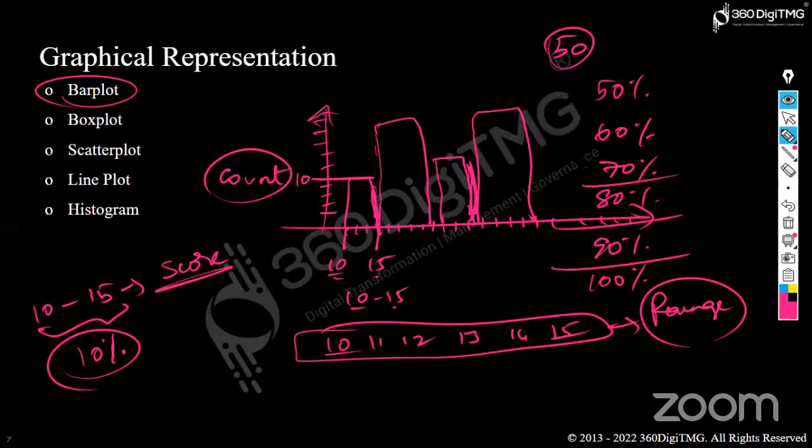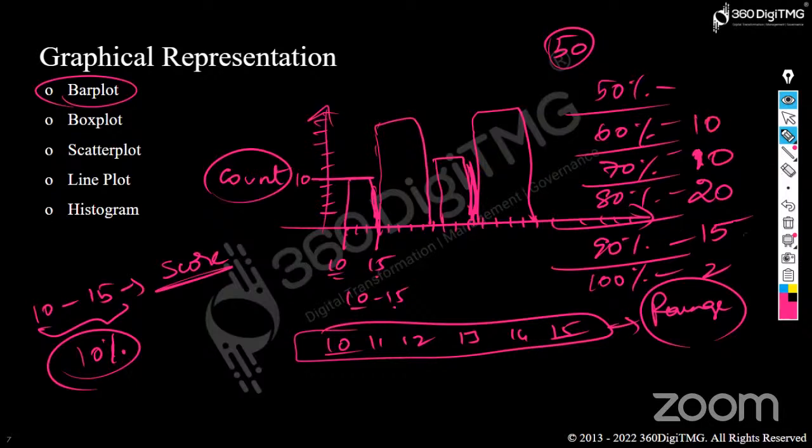In this, if I say 100% means two people, 90% means, let's say, 15 people. 80% means 20 people, 70% means again 10 people, 60% again 10 people.